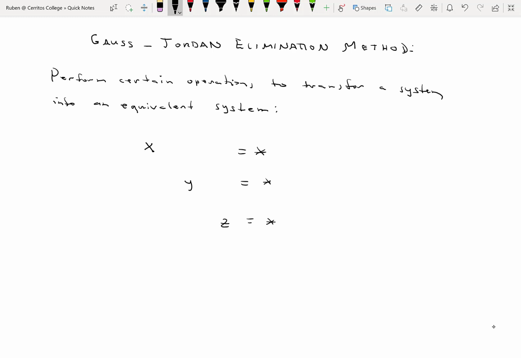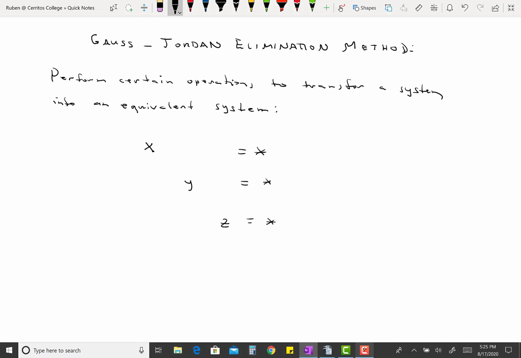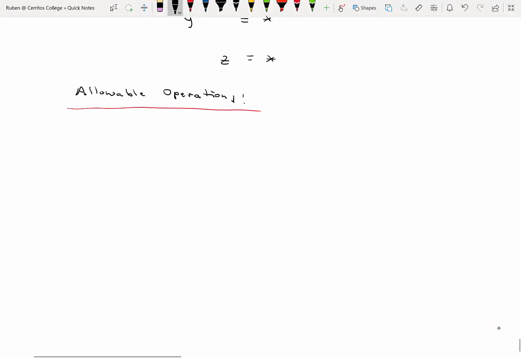Now, to describe the Gauss-Jordan elimination method, we have three allowable operations, only three, and we can't make up new operations. The first allowable operation is that we can interchange two equations.